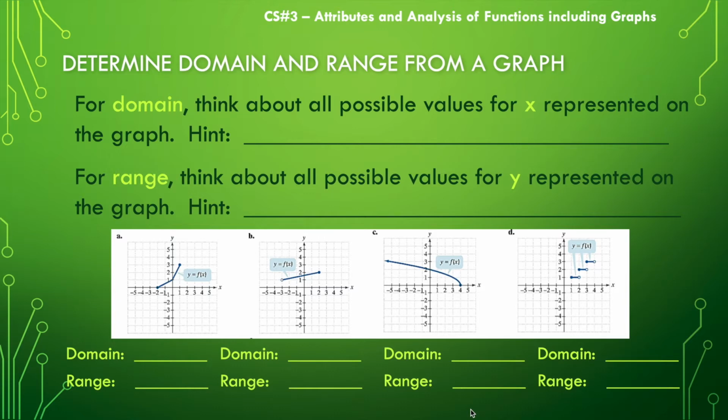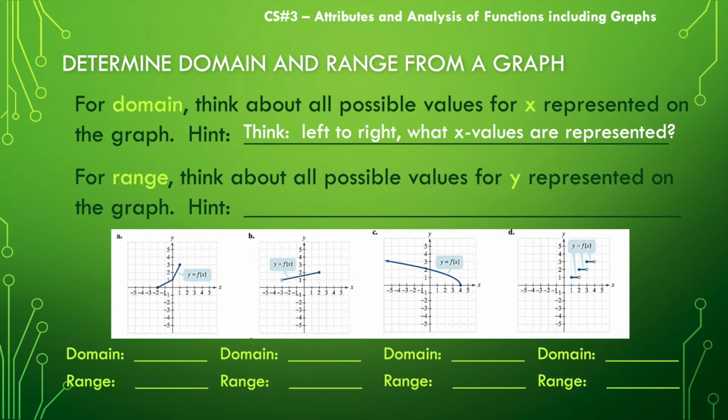The x-axis goes from left to right. So we are thinking about all possible x values that are represented on this graph. So we're going to be thinking how far to the left and how far to the right does this graph extend? And are there any breaks in it, or is it continuous?